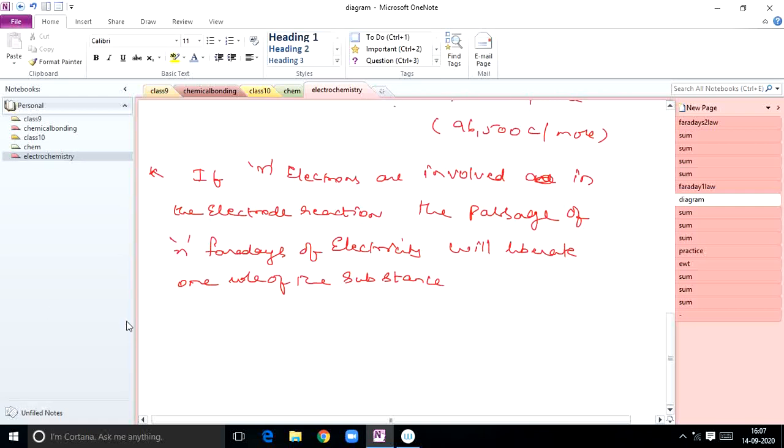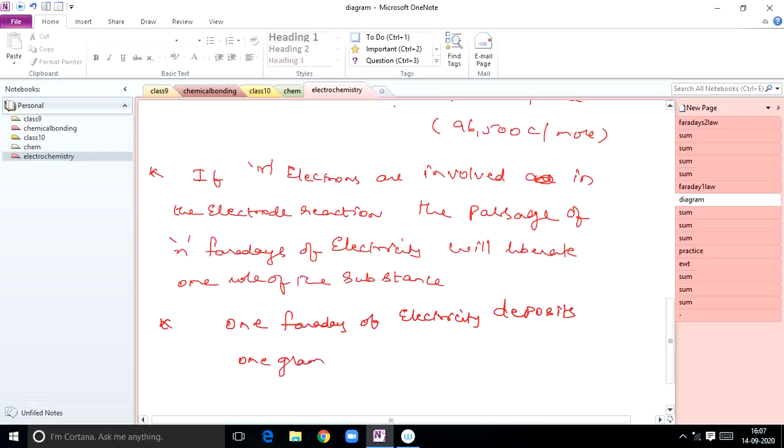Next important point, 1 Faraday of electricity deposits 1 gram equivalent of the substance.